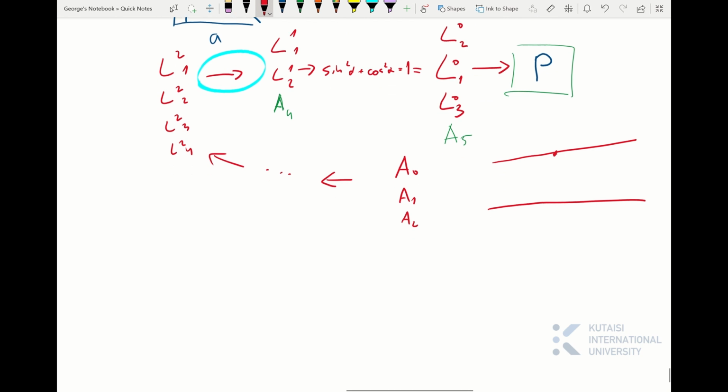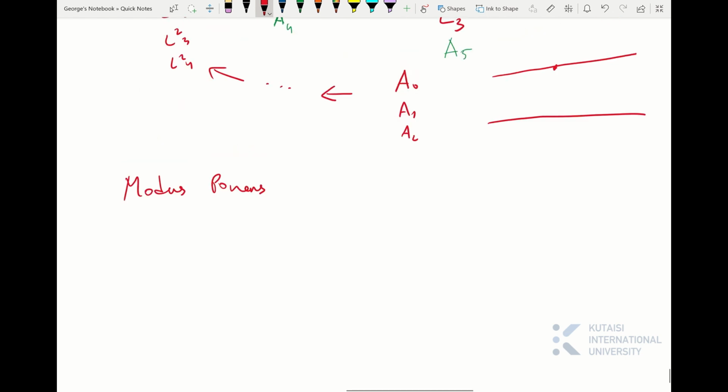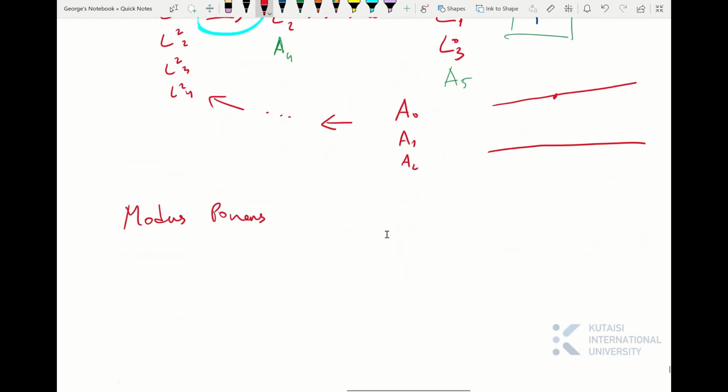You're doing it intuitively, of course, but what are you doing? So for example, there's a very famous rule, let's call it modus ponens. This is logic, so what I'm aiming at is that you need to specify axioms.